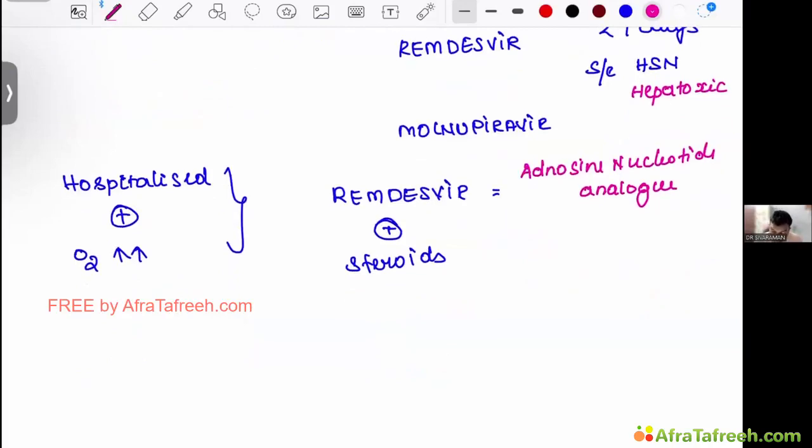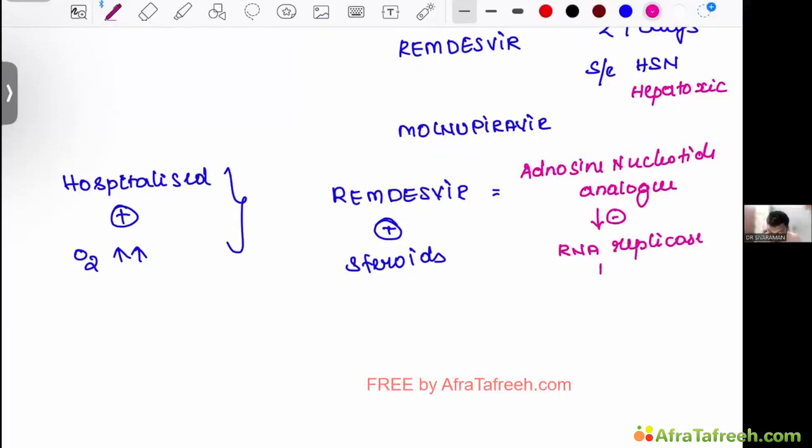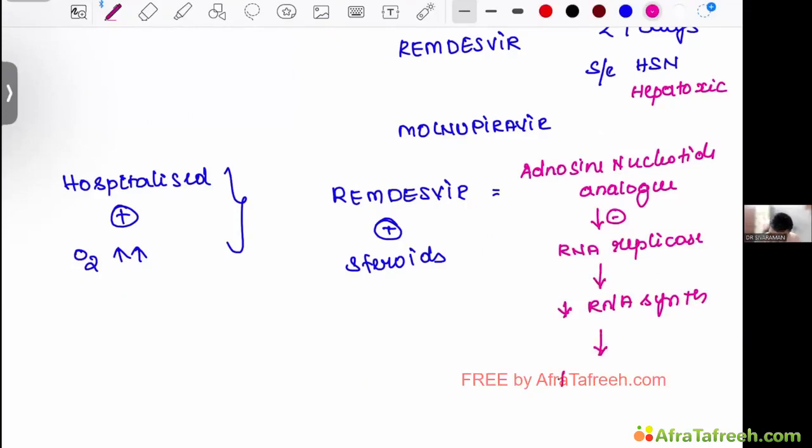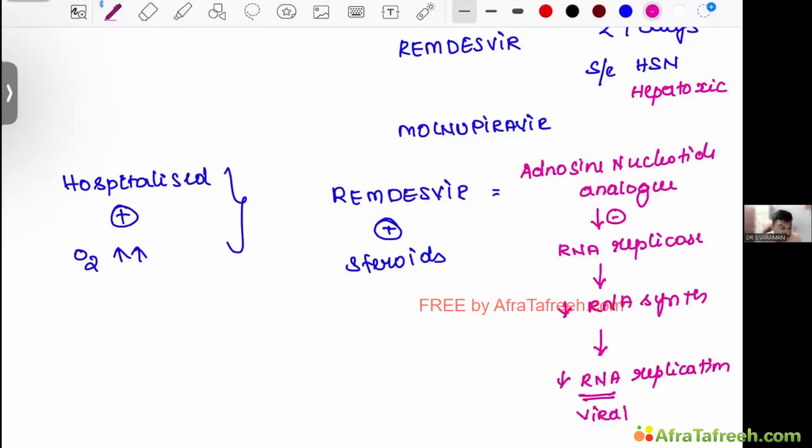What it does is it inhibits RNA replicase, thereby it decreases RNA synthesis and RNA replication. So new viral synthesis is decreased, and thereby viral replication is decreased. That is the role of remdesivir.